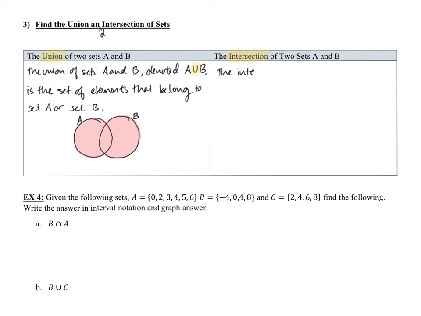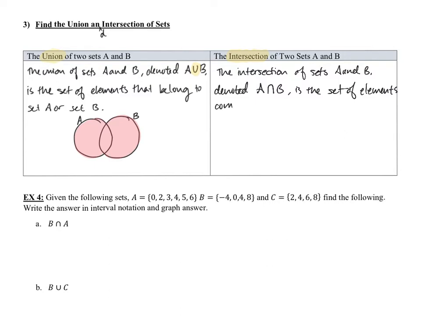The intersection of sets A and B, denoted A, and this time it's an upside down U, A intersection B is the set of elements common to both A and B. Once again, I'll draw my little circles here, A and B. So this time, we're talking about what is the intersection of these two.